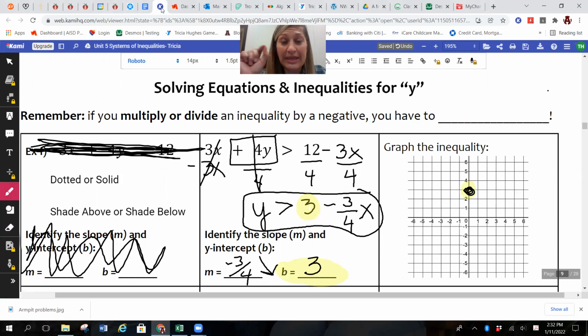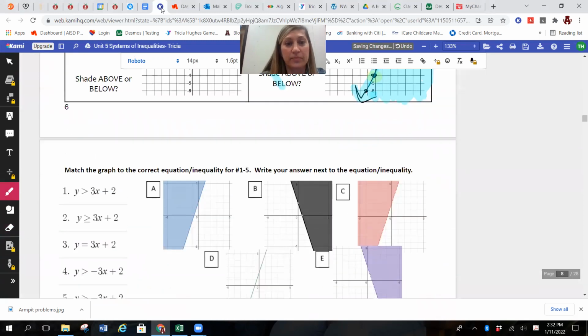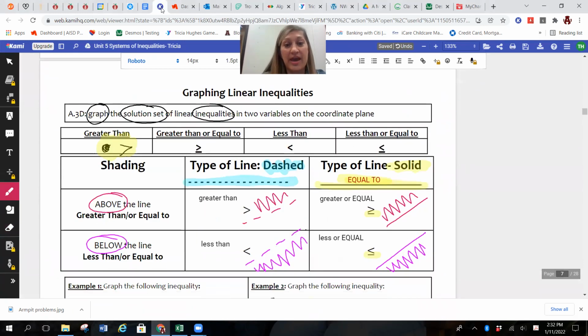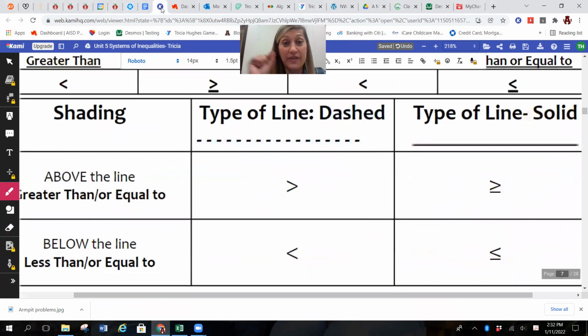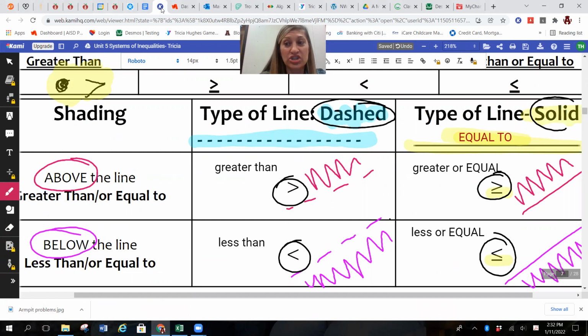Notice, if you need any reminders, go back to page 6. Page 6 has this table. This table tells you this symbol and this symbol are dashed lines. Greater than or equal to, less than or equal to are solid lines.